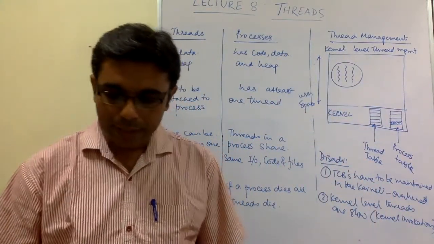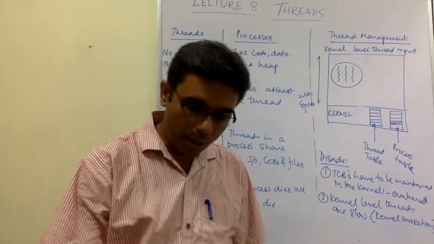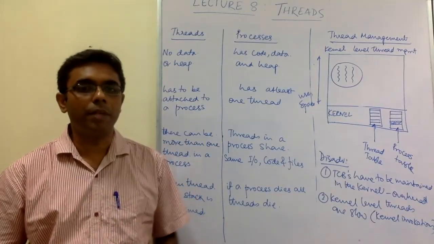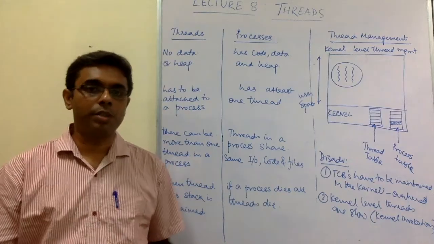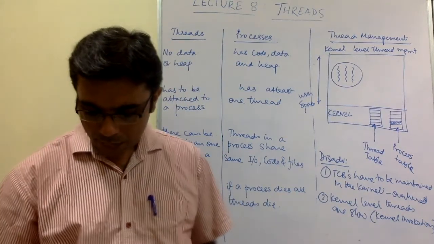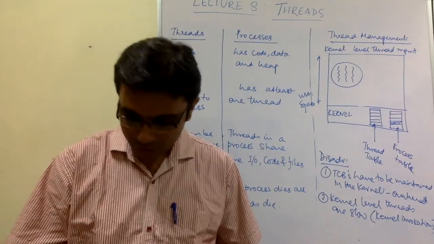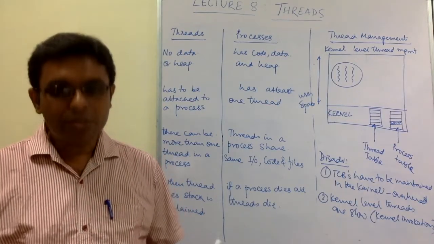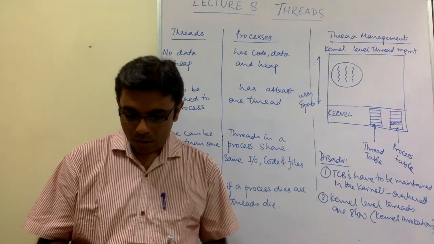So now we find that there are two ways of thread management. Either you create threads in the user space by making use of some thread creation libraries, or the kernel supports them. Now, since we have two kinds of management, the question is: will these threads be executed as independent entities?